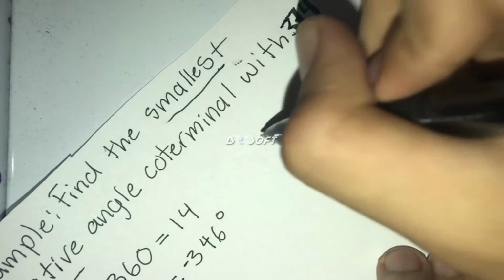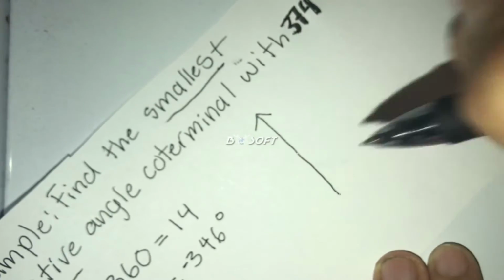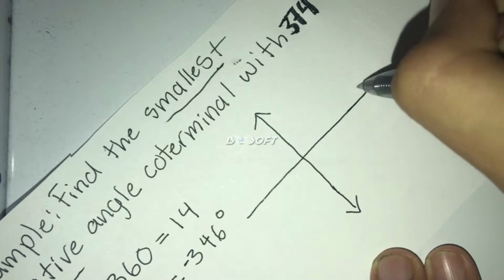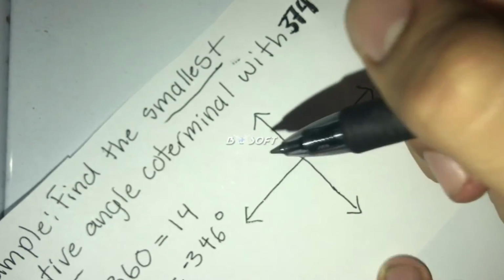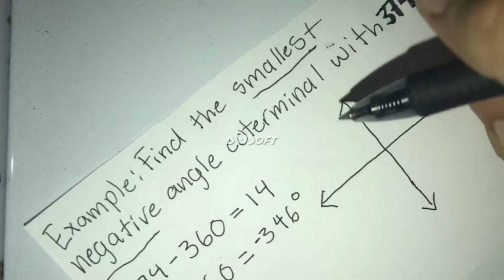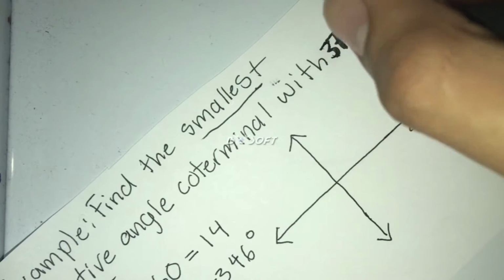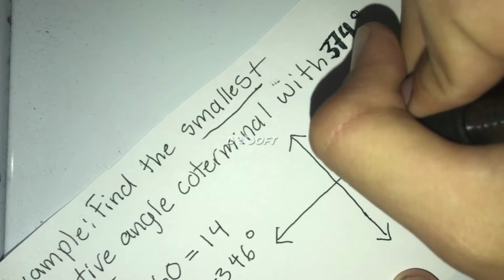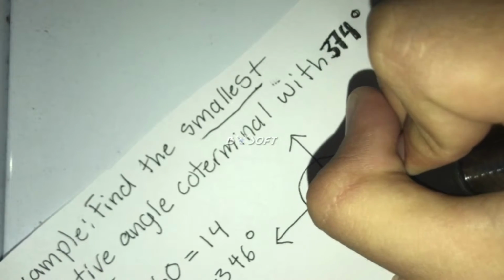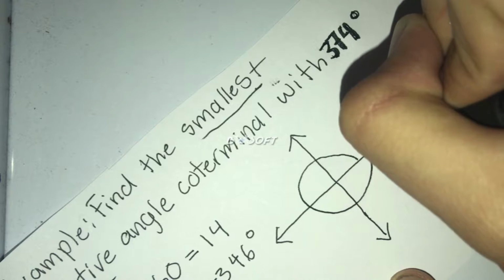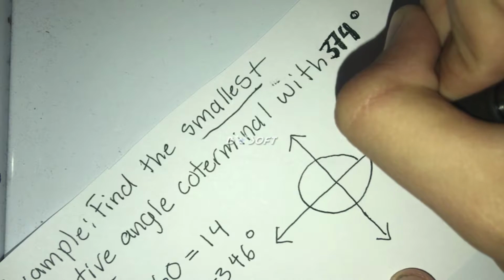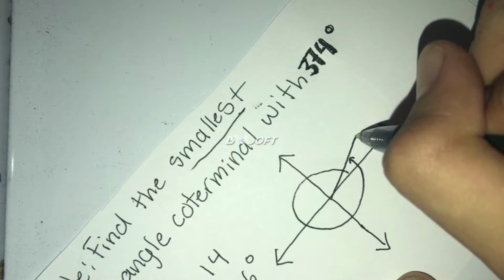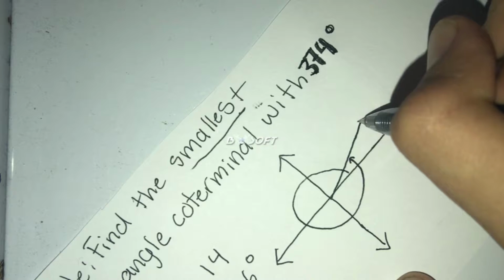And to graph this, it's quite different. So first off, I start by graphing the 374 degrees. So it's going to be a full circle, then just 14 degrees over, so about there. Then draw the line. This is our terminal side.